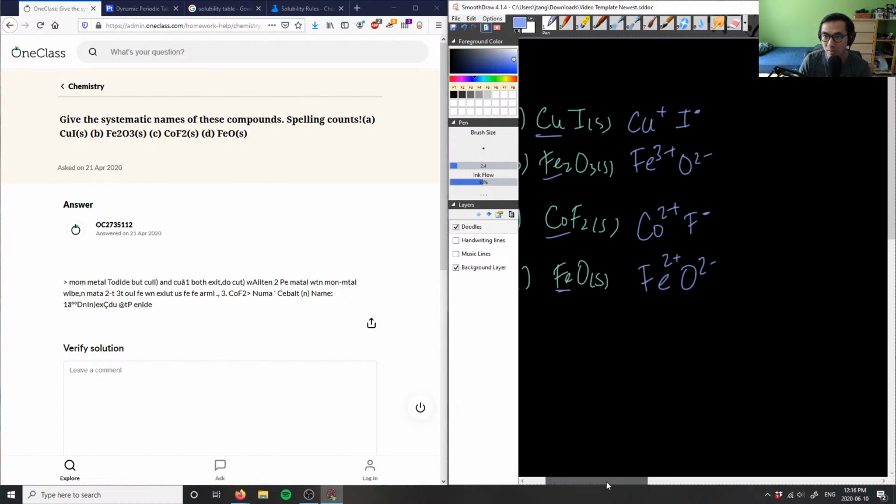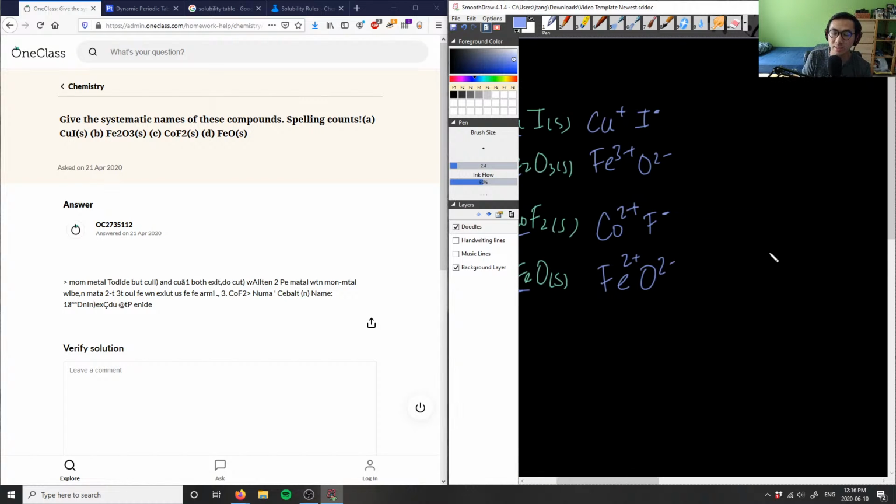So if I know the charges of these guys, I can simply write down the name, right? For example, this guy here is copper. Cu is copper, and the charge here is a 1. So I have to indicate the charge, copper 1 iodide. Very similar to how we label ionic compounds, because we have a metal and nonmetal, but in this case we also have to denote the charge.